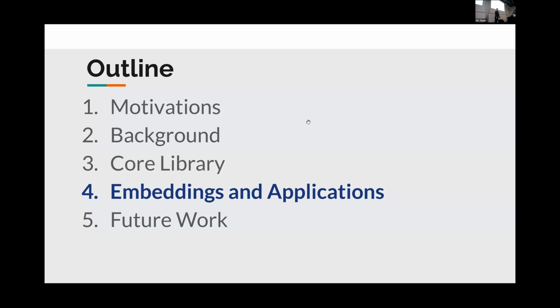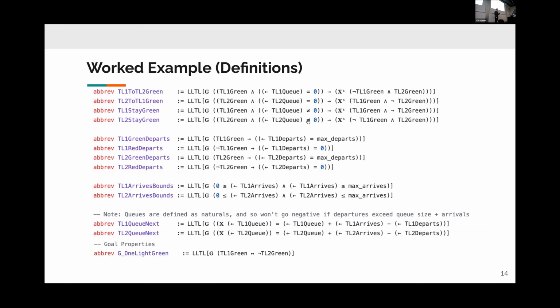So I now want to highlight some examples and some applications of this. To start, here's a worked example in our paper. It's a lot of text, so I don't want you to focus on reading all of it, but it's just to show the syntax. Starting with a lot of properties at the top, we might want to prove something about how this traffic light system works. We might want to prove a goal property at the bottom, like it is always true that if one traffic light is green, the other is not green, and vice versa.